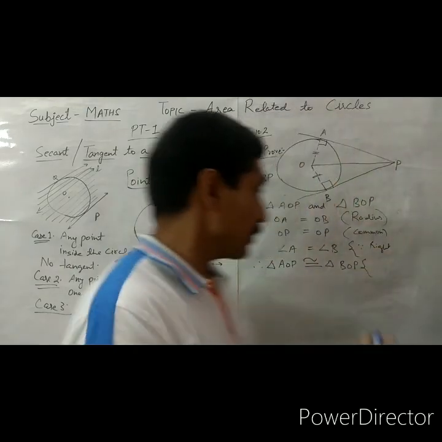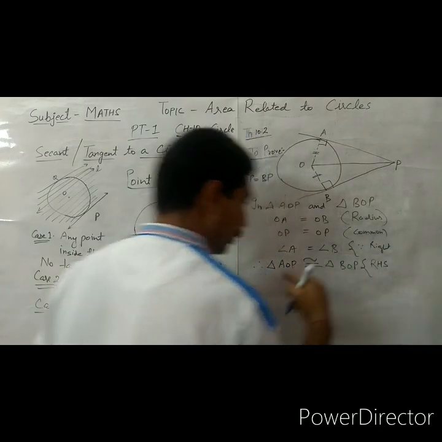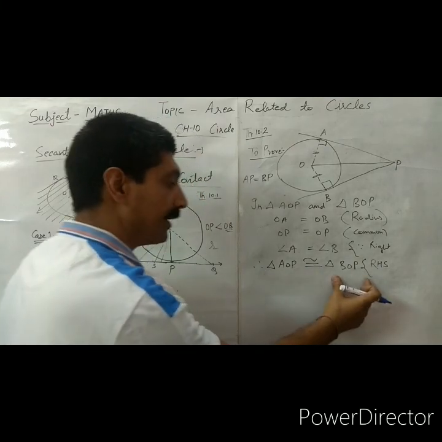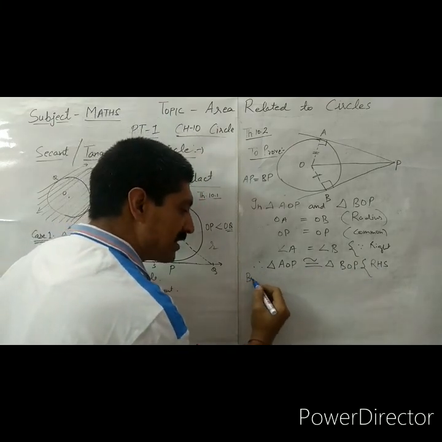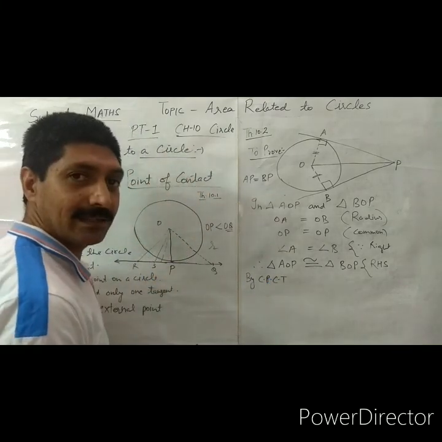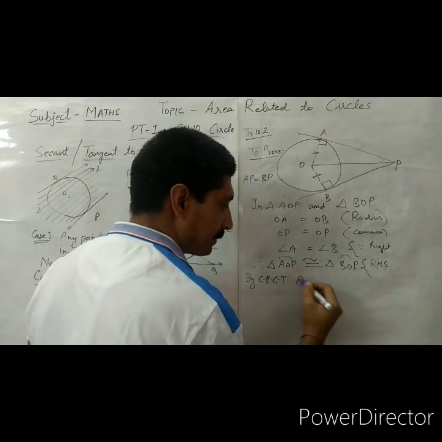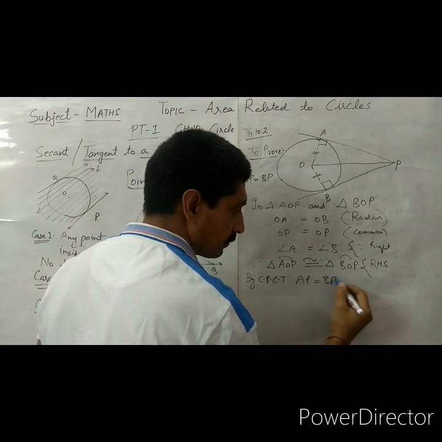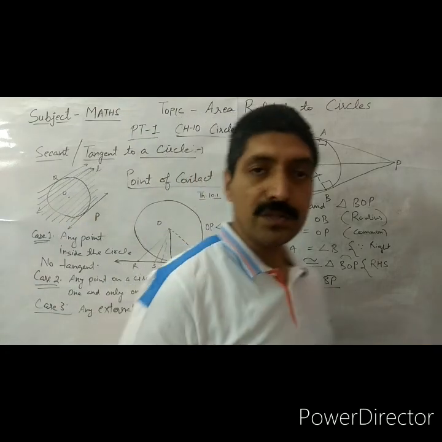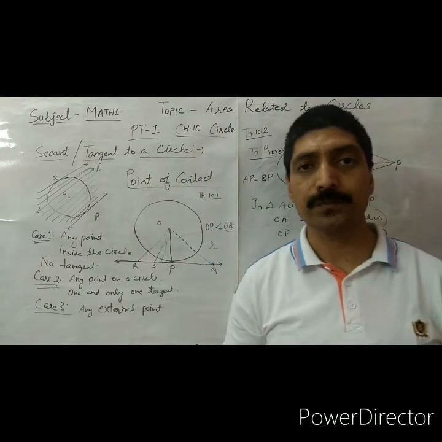So by the RHS rule of congruency, both triangles are congruent, and by CPCT, corresponding parts of congruent triangles, AP is equal to BP. So this is all about our theorems 10.1 and 10.2.